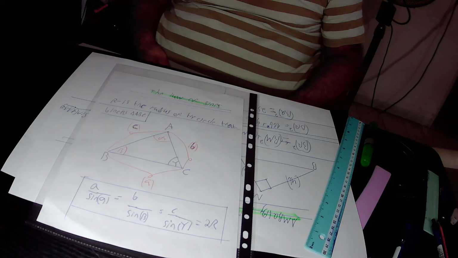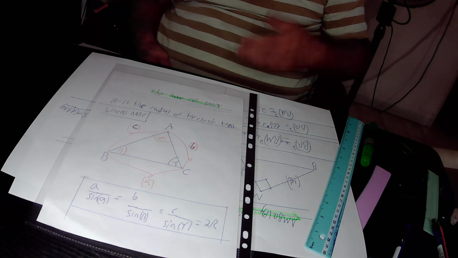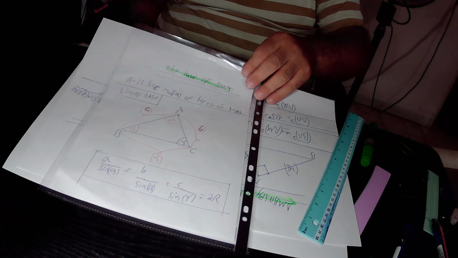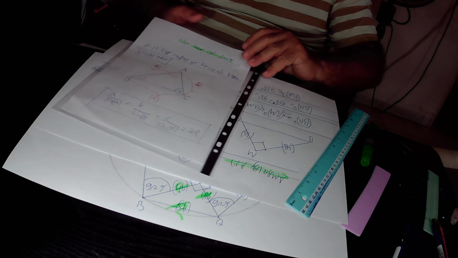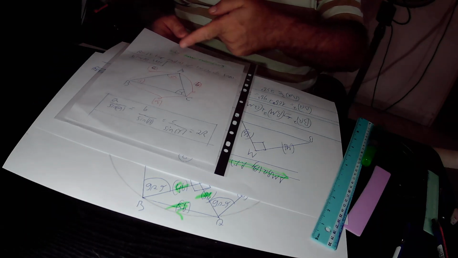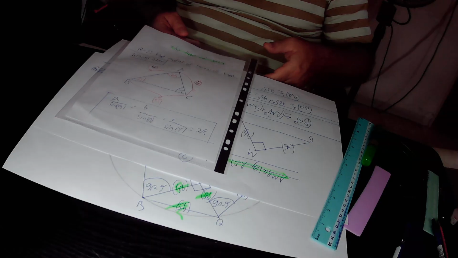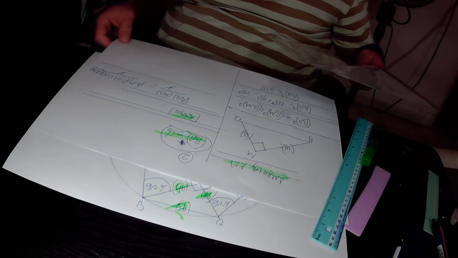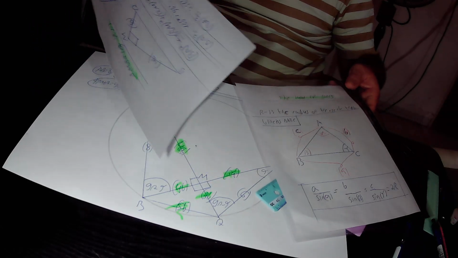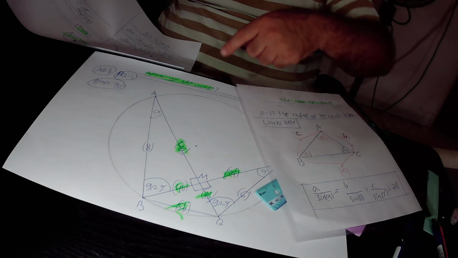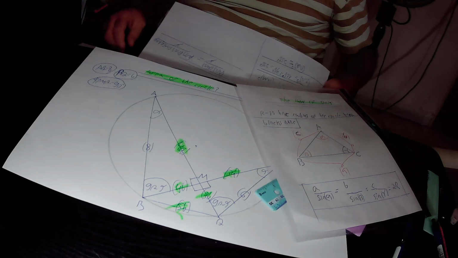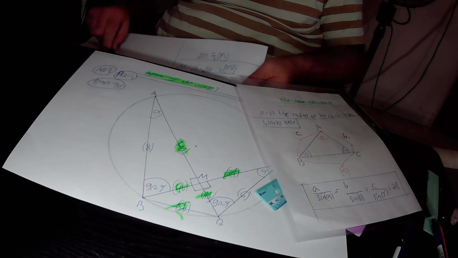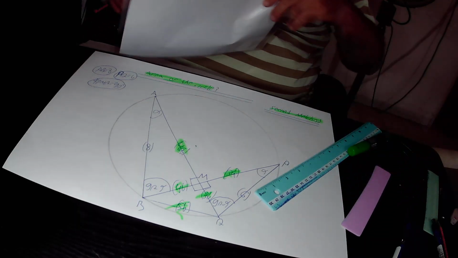So we can implement the law of sines in our drawing. Because triangle ABC could be any triangle, you can implement the law of sines in this triangle ABQ. According to the law of sines, the following equation will be true.